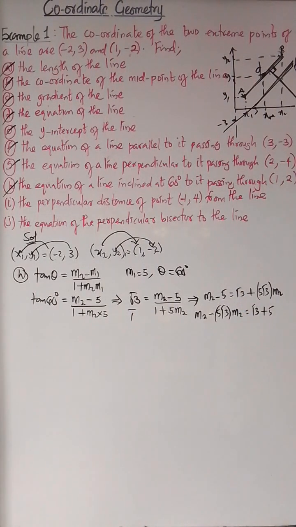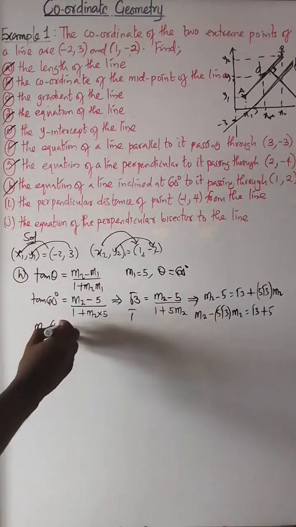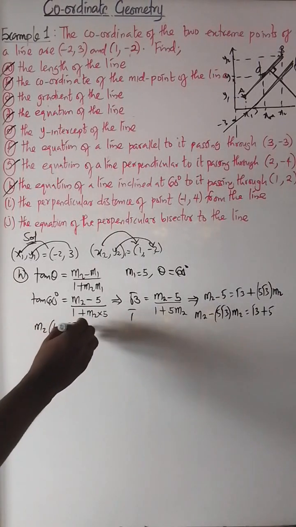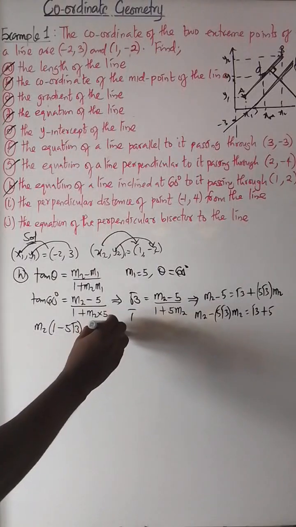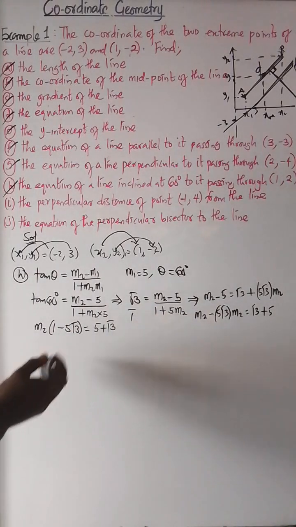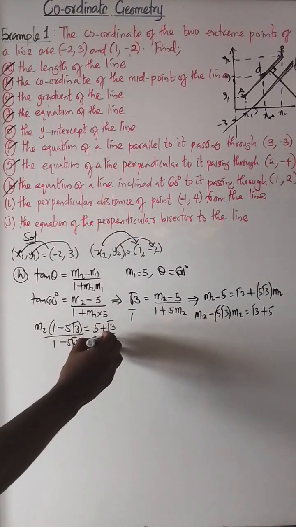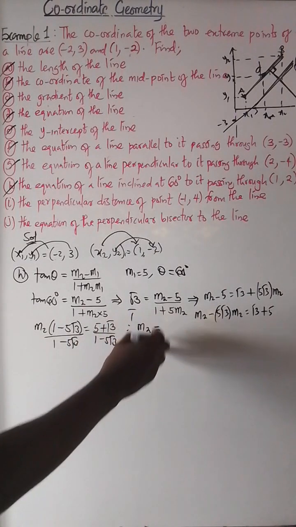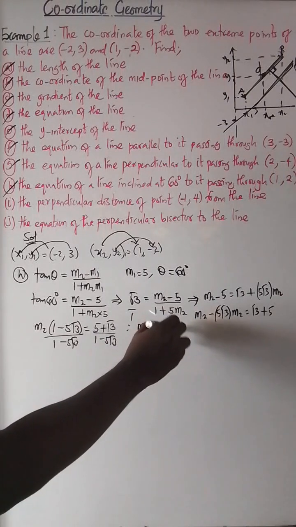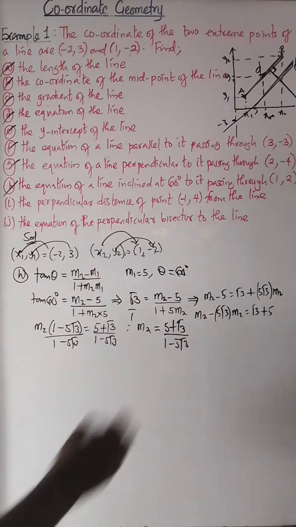Now M2 is common. By the time we factorize M2 from here, we get 1 minus 5 root 3. To get M2, we divide also by 1 minus 5 root 3. So from here, M2 becomes 5 plus root 3 divided by 1 minus 5 root 3.